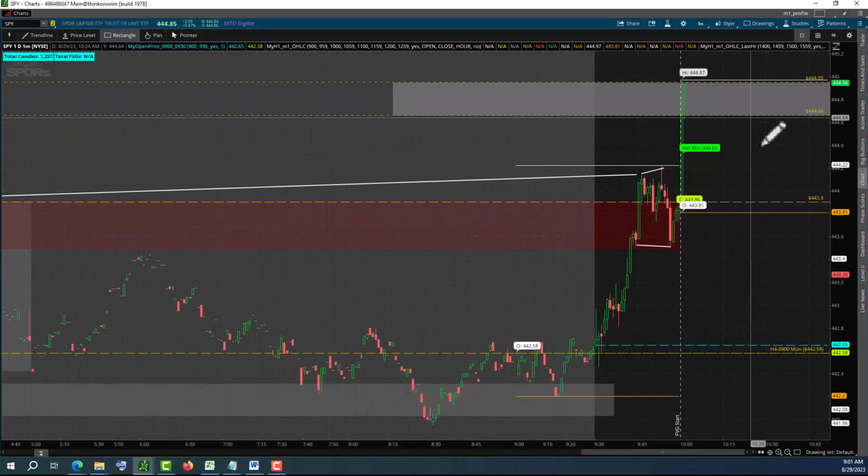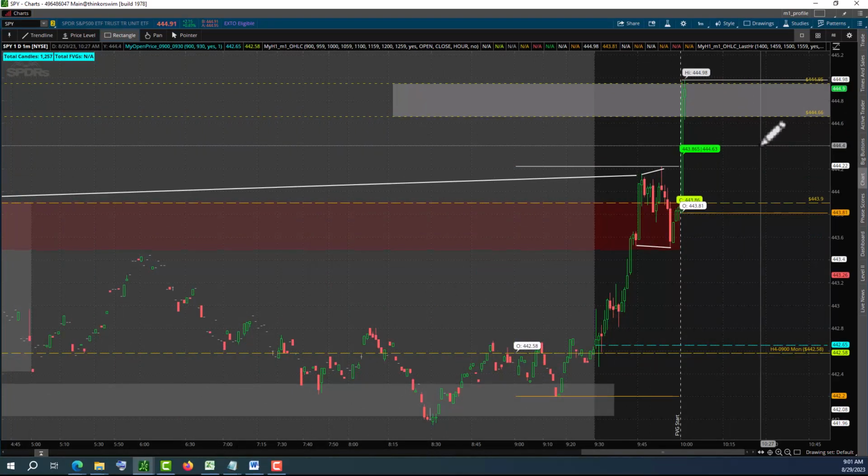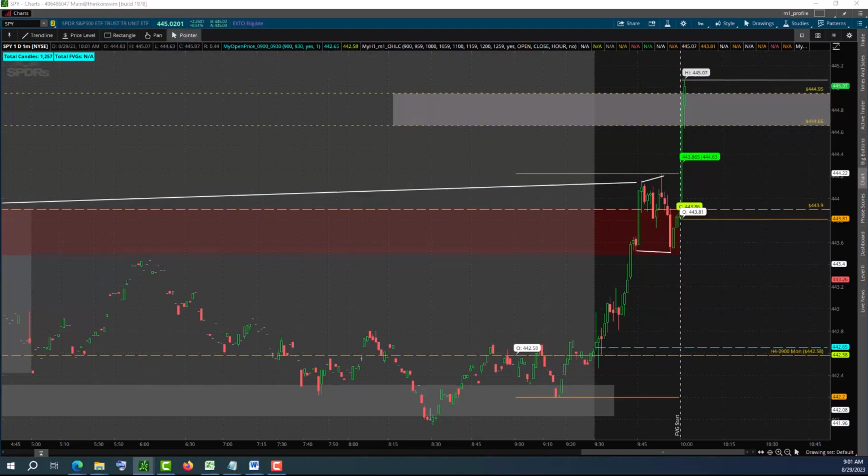Yeah, this level right there. Wow, look at that. Huge up move.